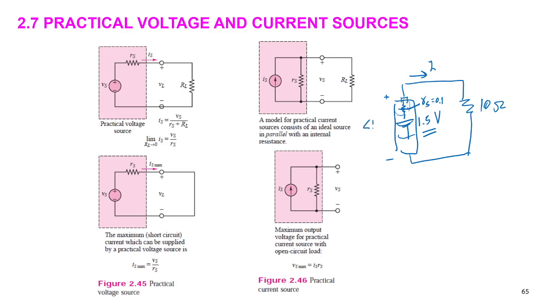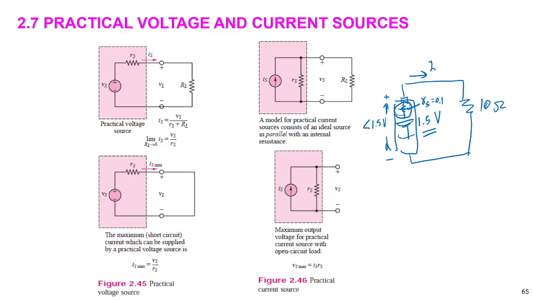It will be less than 1.5 volts, right? The voltage drops when we take the load because it drops across the internal resistance. The more current flows, the more voltage drop.